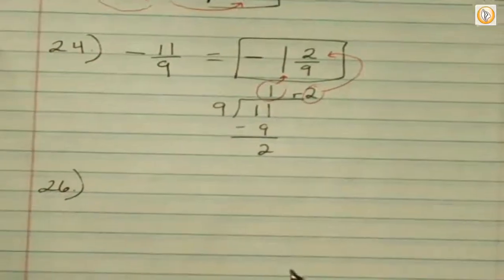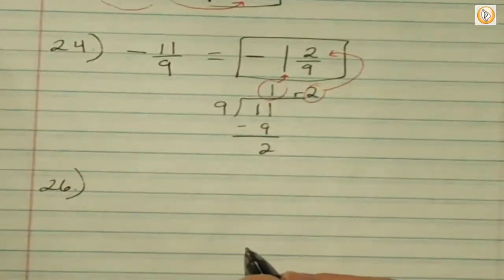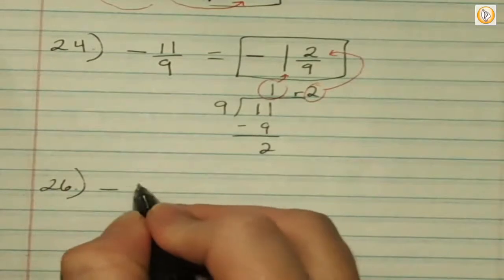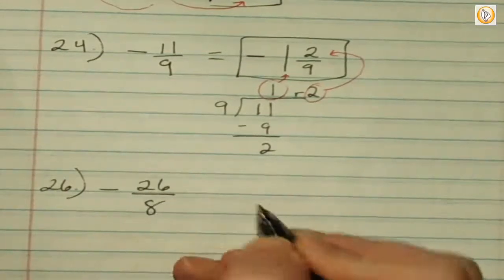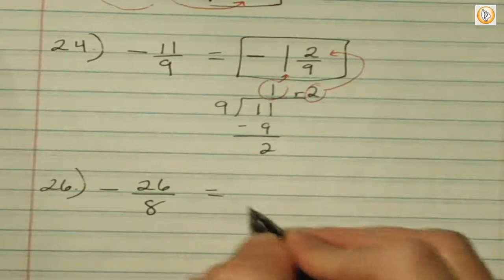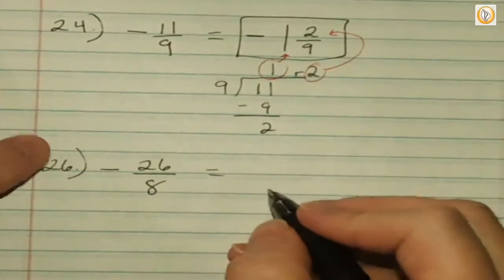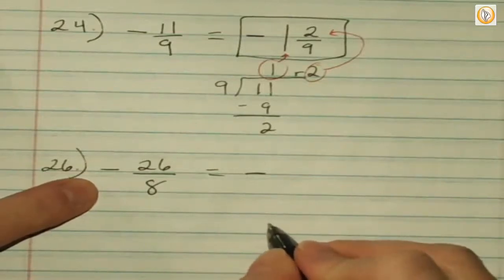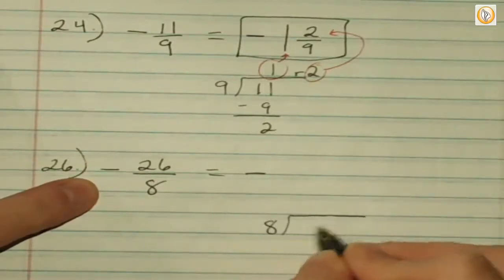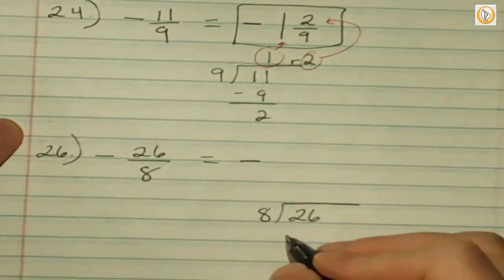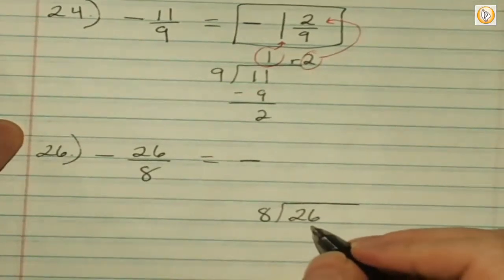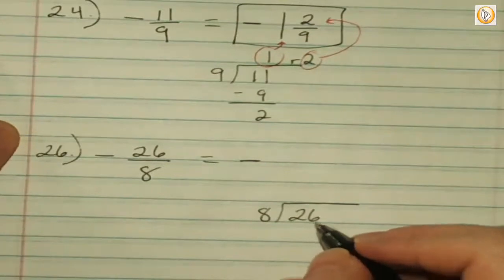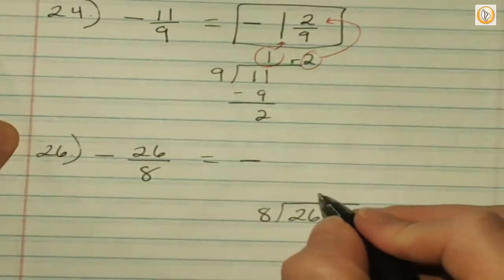Thank you. It's number 26. Negative 26 over 8. Tanner, what's your answer going to be, positive or negative? Negative. Bingo. Talk me through it. So we do 26 divided by 8.